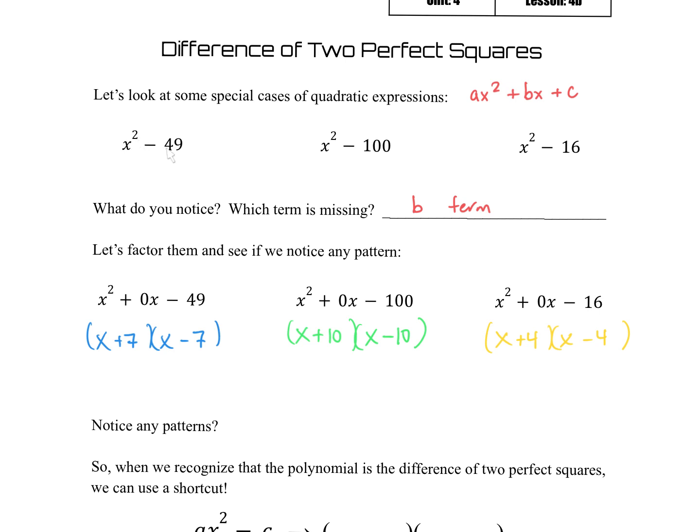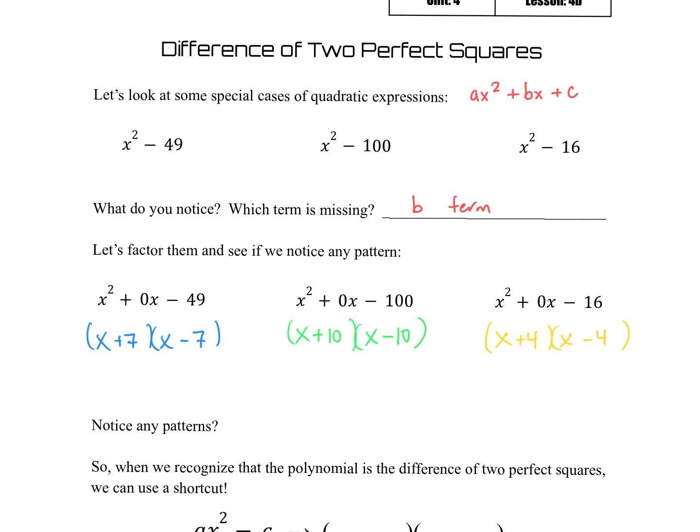So x squared minus 49: x squared is a perfect square, 49 is a perfect square, and it's subtraction. Same thing holds true for these two. X squared is a perfect square, 100 is a perfect square, subtraction. X squared is a perfect square, 16 is a perfect square, subtraction.